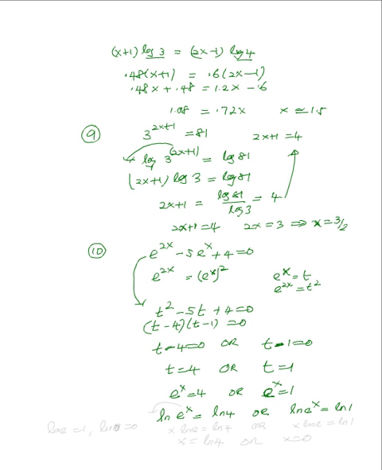Now, as we said before, we can always bring these exponents as coefficients, so we will have x times ln of e equals ln of 4, or x times ln of e equals ln of 1. Now, ln of e is equal to 1, and ln of 1 equals 0. If you use those properties, I will have x equals either ln of 4 or x equals 0.